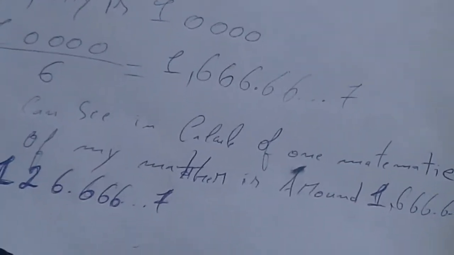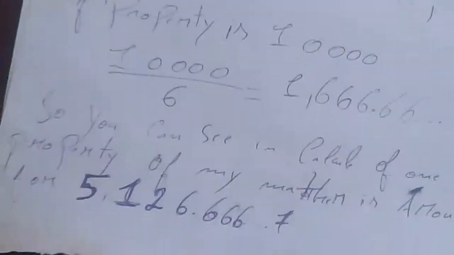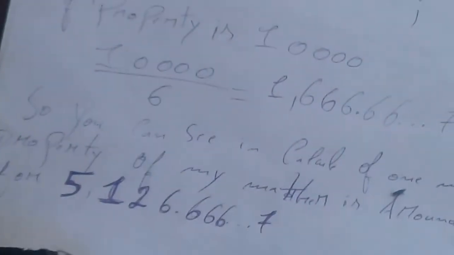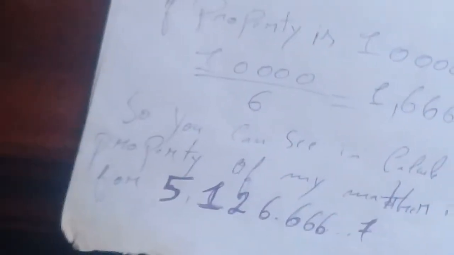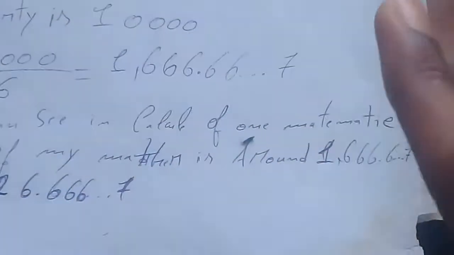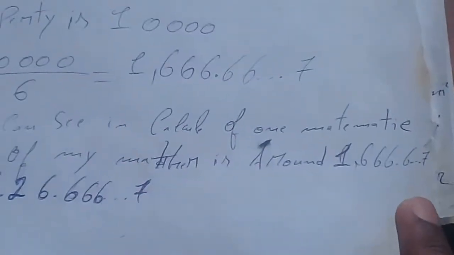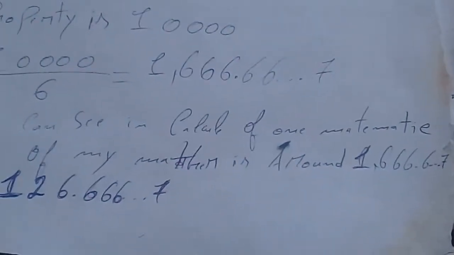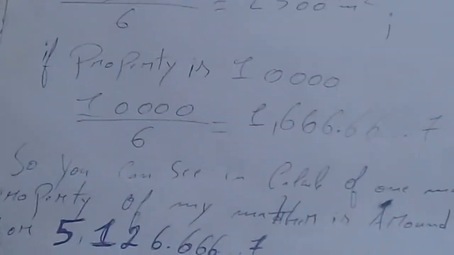It is around this value, the minimum value of my mother. Minimum value of my mother is 1,000. There is 1,666. This is the minimum value.